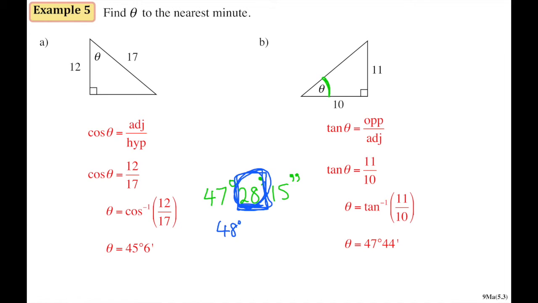But if it's below 30, it would stay at 47 degrees if I'm going to the nearest whole number. However, with this question, if I'm going to the nearest minute, you'd look at the seconds part and say, if it's more than 30 seconds, that has to bump up to 47.29. If it's less than 30 seconds, that stays at 47.28. Just be aware of that, and if you're not sure, speak to me in class and I'll go over that with you.